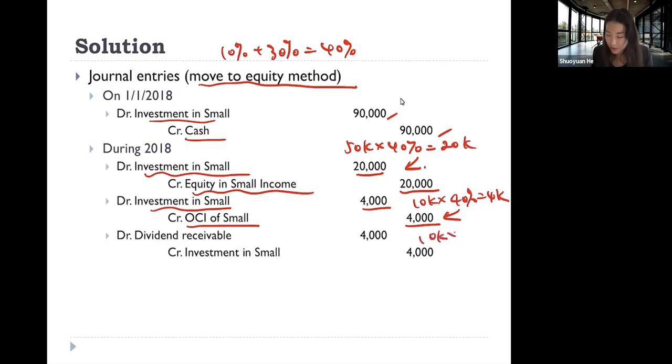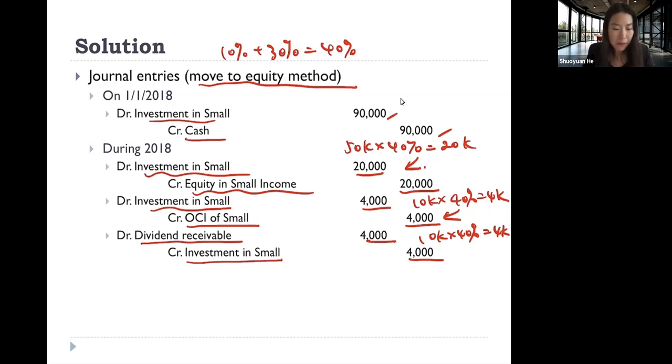So 10,000 multiplied by 40% is 4,000. From Big's perspective, a dividend declared by Small is viewed as a decrease in the investment account of Big. So Big would debit dividend receivable of 4,000, credit investment account of 4,000.